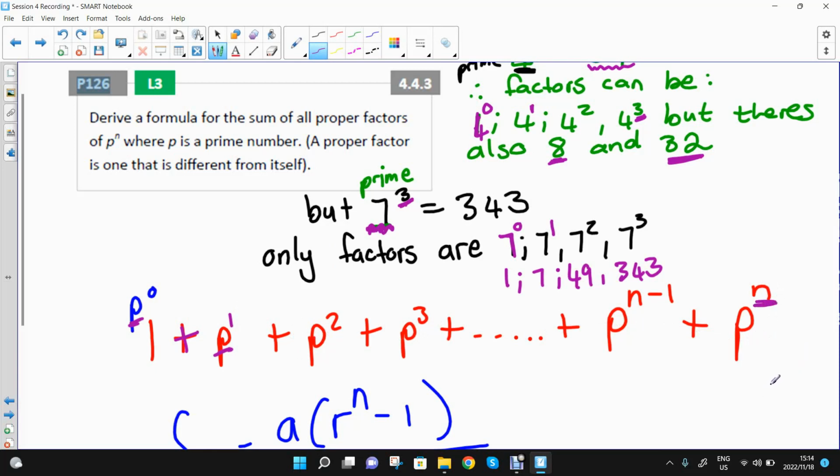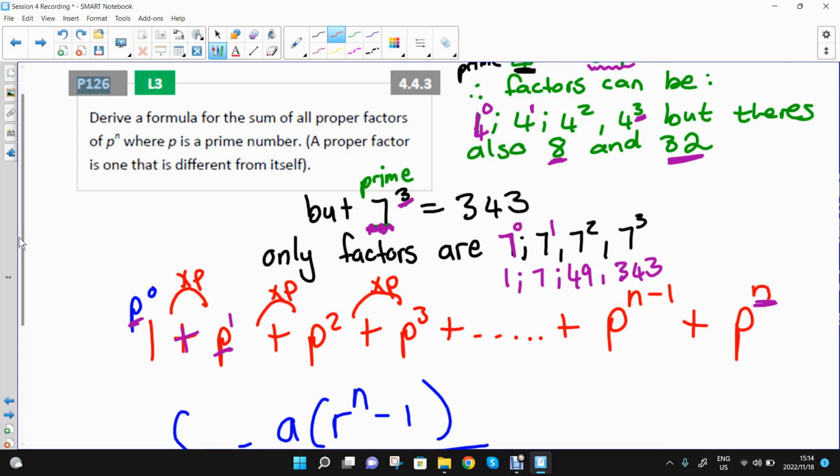They want to know, what is the formula for the sum of this? Looking at this series, because the pattern is now added together, I can see that this is a geometric pattern. How do I know that? Because I am multiplying by P with every single term in this sequence. If I am multiplying by something every time, it is a geometric sequence.